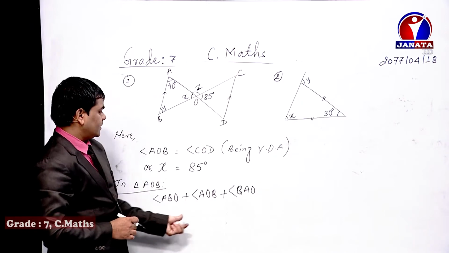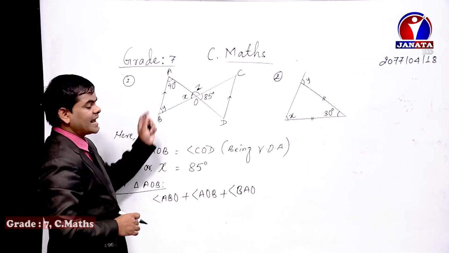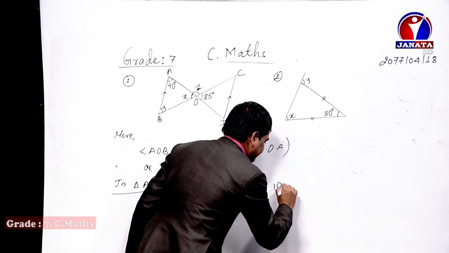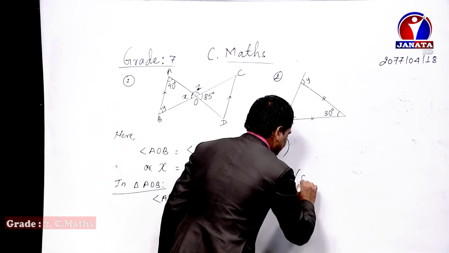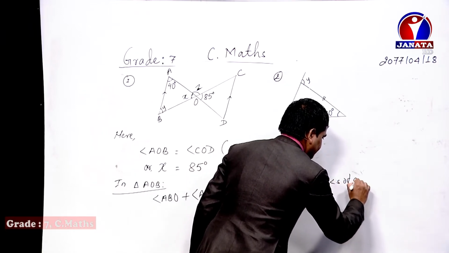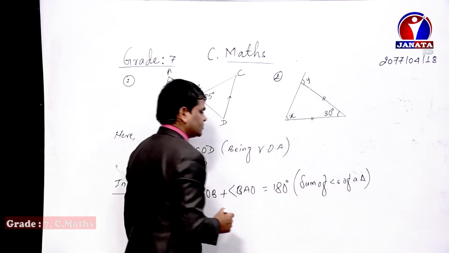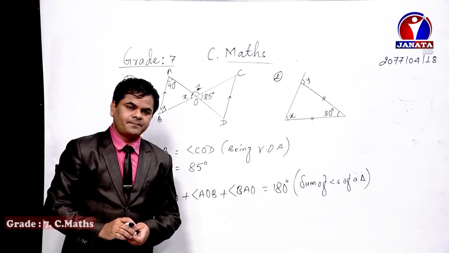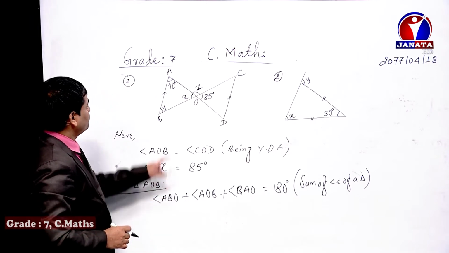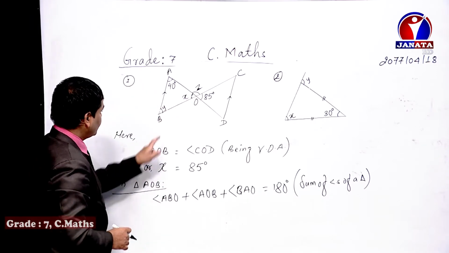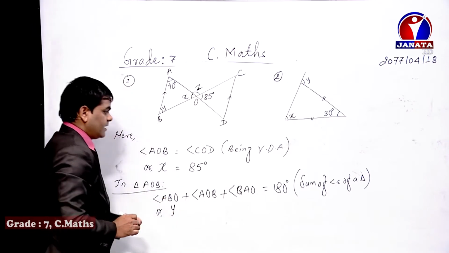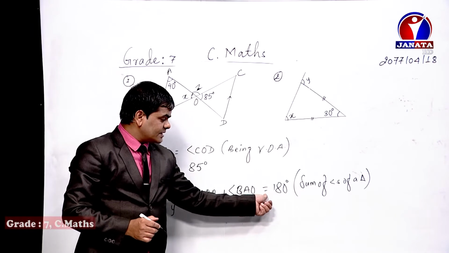So altogether, when we combine the angles of a triangle, it should be equal to 180 degrees. What is the reason? Sum of angles of a triangle. These are the sum of angles of a triangle, isn't it? Now let's say angle ABO. What do you mean by this? It means y, isn't it? In the second statement there is an equal sign in the middle.